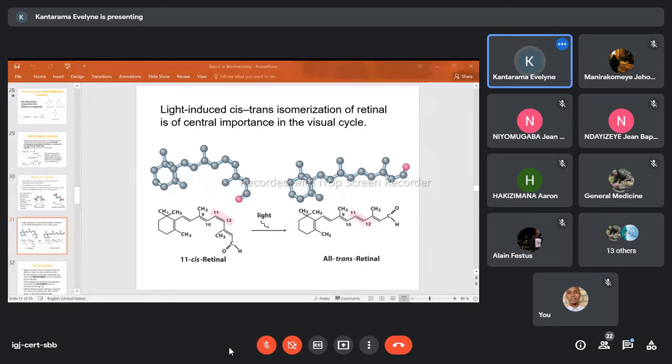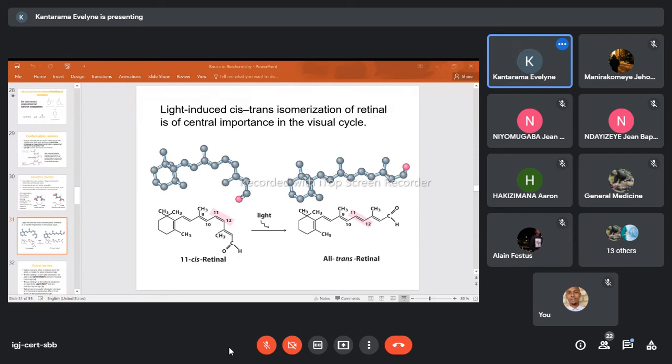You see, here we have cis retinal, and in the presence of light, light will target this bond and the cis is changed into trans in the process of vision. In physiology, I'm sure you will see this in physiology.